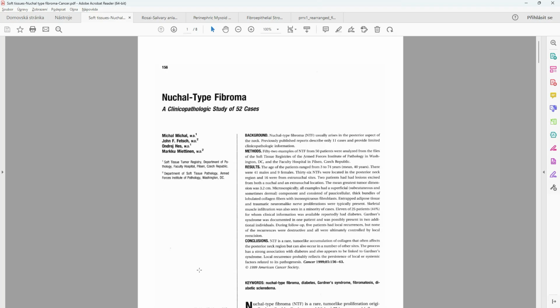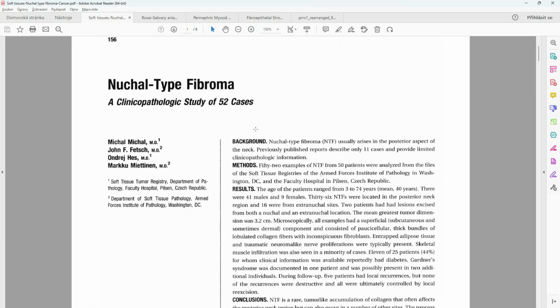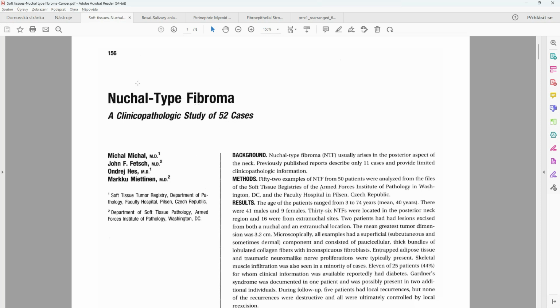Again, I've already showed you in the past this paper of mine, which is eternal and cited till now. It's nuchal-type fibroma, but if it is nuchal-type fibroma, it's usually a lesion of old people and not associated with what? When you see epidermal cysts and nuchal-type fibroma, the patient must have Gardner syndrome.